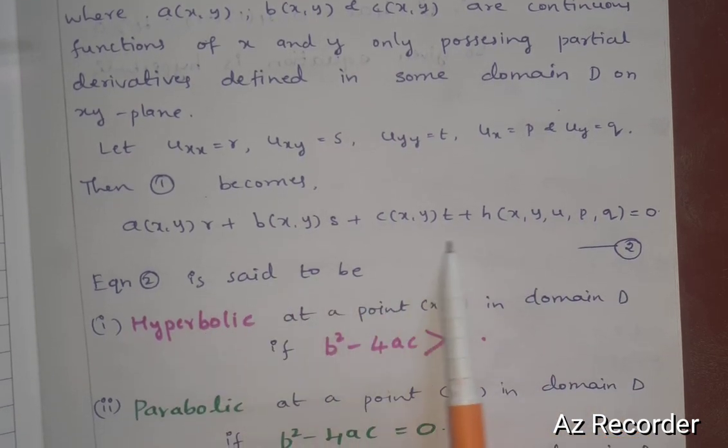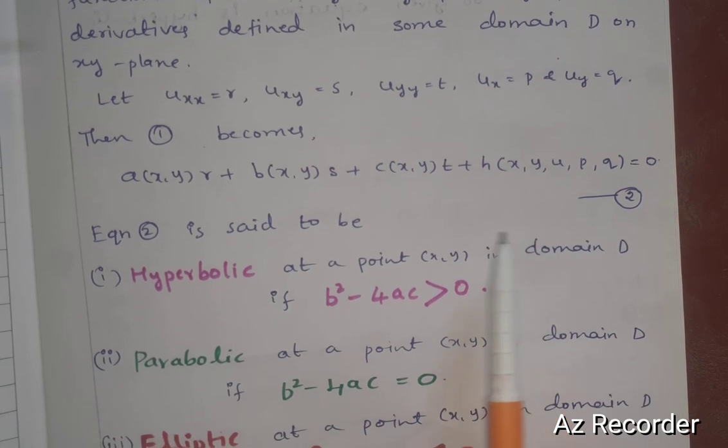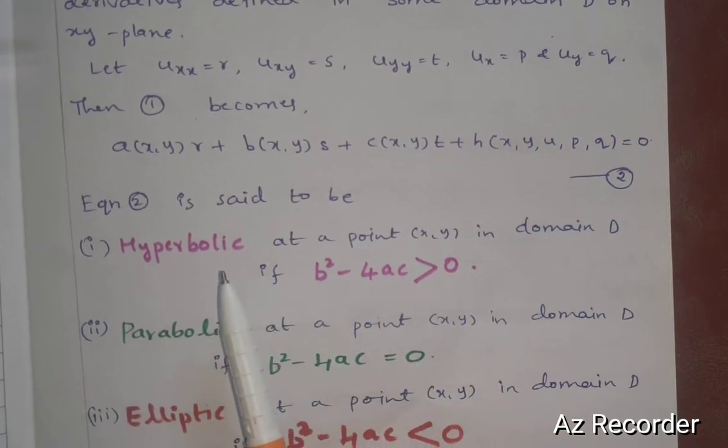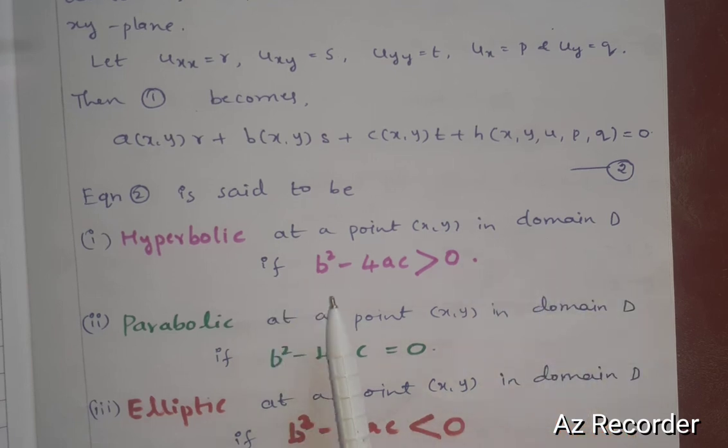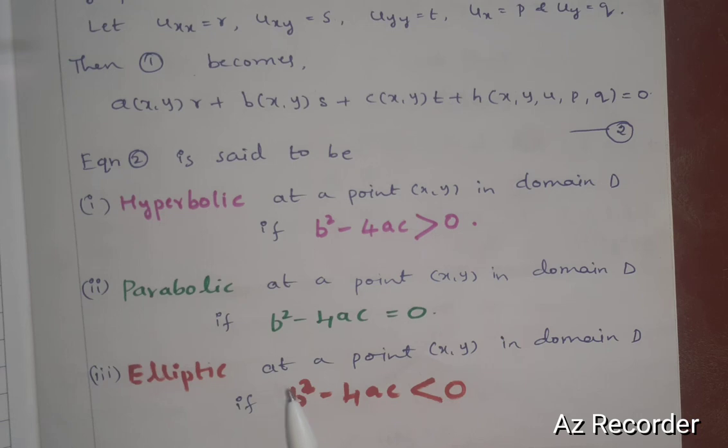Now this equation is said to be hyperbolic at a point (x,y) in domain D if b square minus 4ac is greater than 0, parabolic if b square minus 4ac equal to 0, and elliptic if b square minus 4ac is less than 0.